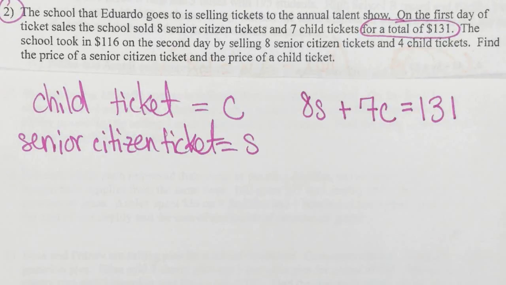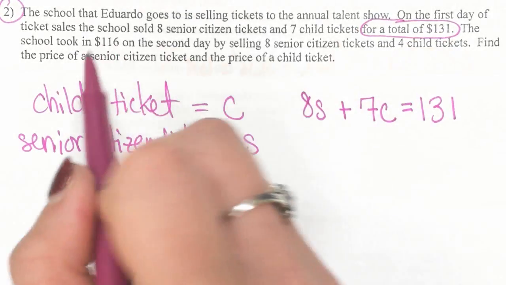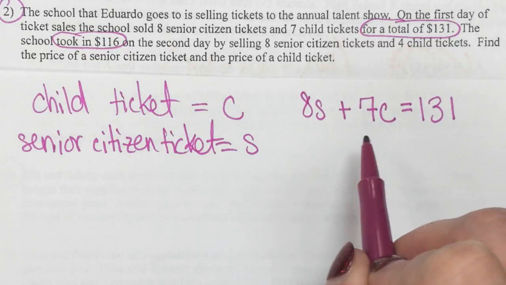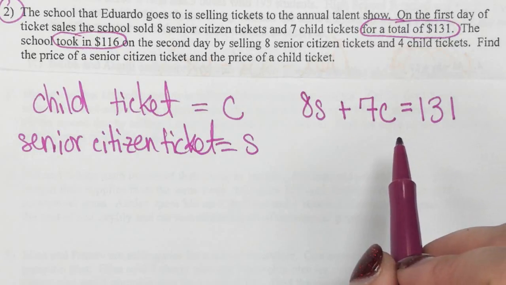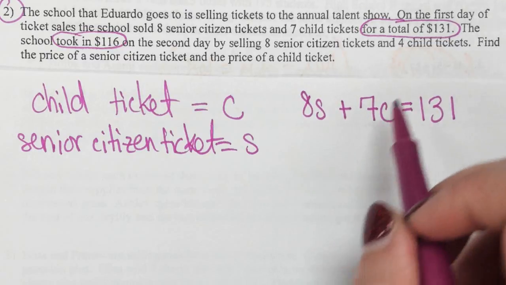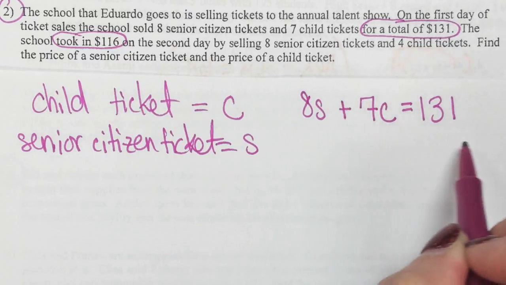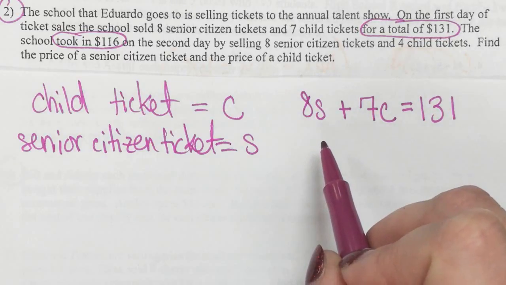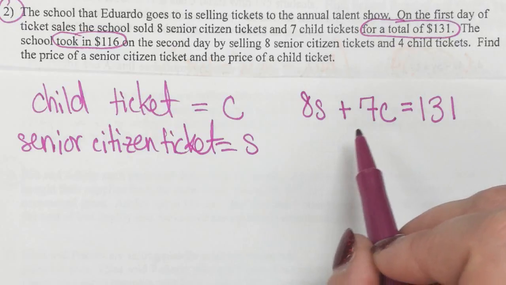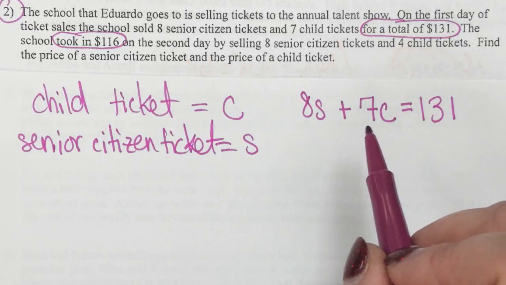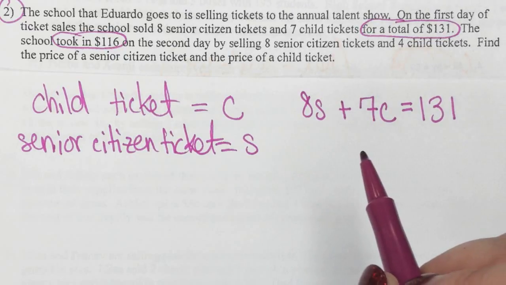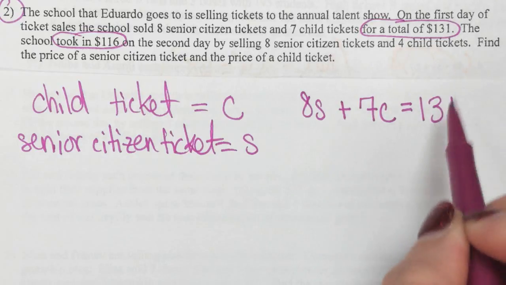Then on the second day, let's look at that. They took in 116. What does that mean for my equation? They took in that money. Where's that going to go in your equation? You're making a whole separate equation, just like we did before on all your other pages. Whole separate equation. It doesn't go with the 131.